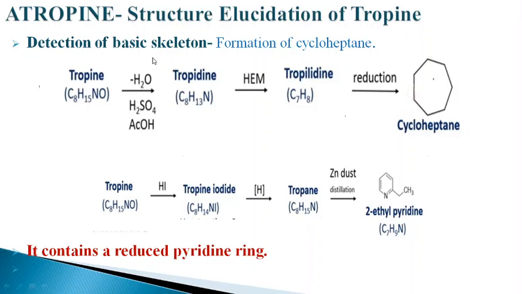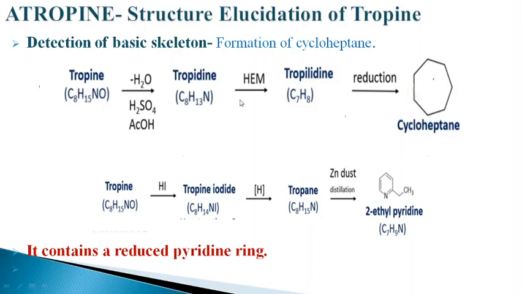The next step is the detection of the basic skeleton. This is the formation of cycloheptane, another series of chemical reactions for the degradation method. Tropine, when treated with sulfuric acid, undergoes dehydration, converting it into tropidine, C8H13N, meaning a molecule of water has been removed.